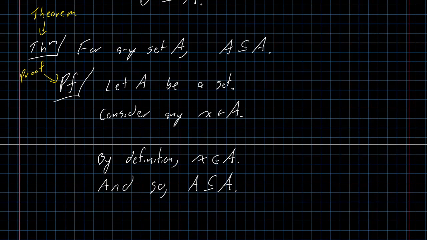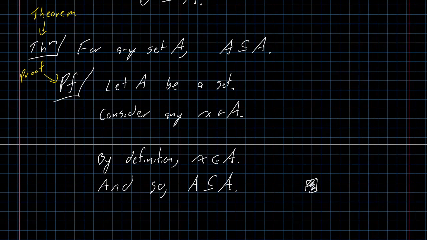We have a definition. We look at that definition, we figure out what we know about that definition, and we try to see if we can state that. And if we can, then we have a proof.